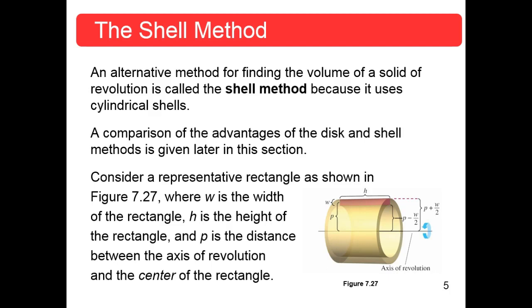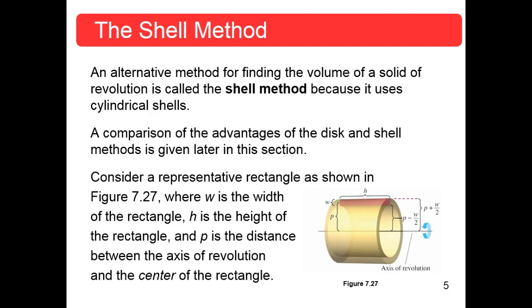So the interior is p minus w over 2, and the exterior, the longer side, is p plus w over 2. And revolving that around the axis that you're doing. w is the width of the rectangle. h is the height, even though it's lying on its side here, so it doesn't look like a height.